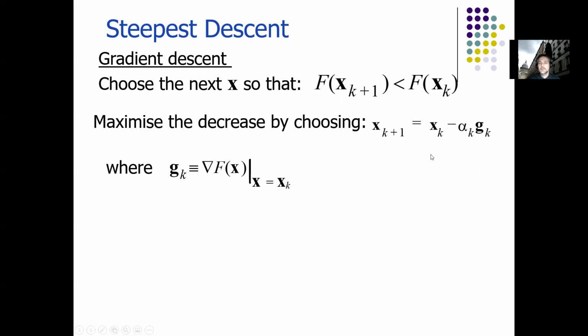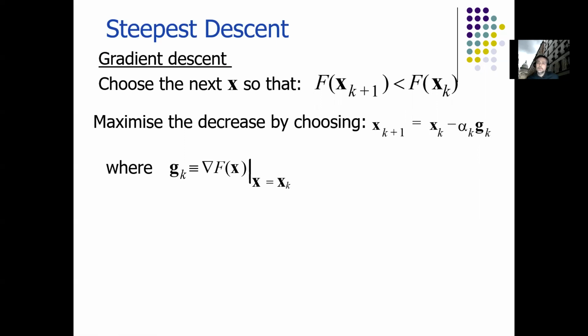So the steepest descent algorithm says that the parameter at the next step equals the value of the parameter at the current step minus a, which is the step size, times the gradient at that point.